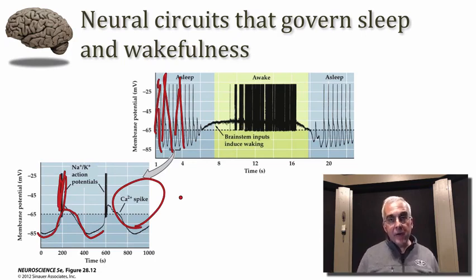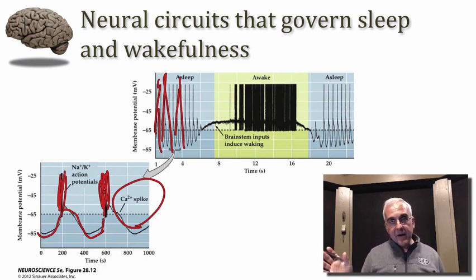But as this depolarizing envelope proceeds, eventually a threshold is reached for the activation of our much faster voltage-gated sodium and potassium channels. So when that threshold is reached, Hodgkin-Huxley style action potentials fire, and that leads to a barrage of activity, a little burst of activity that rides on the top of that depolarizing envelope.